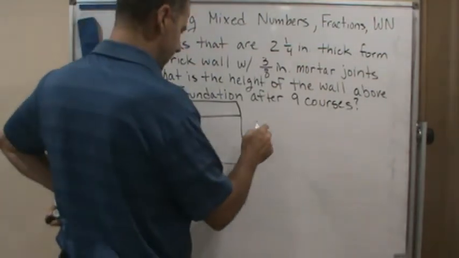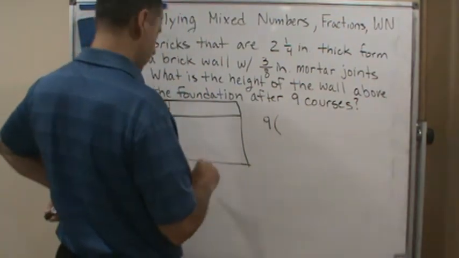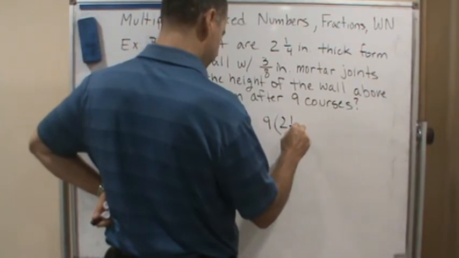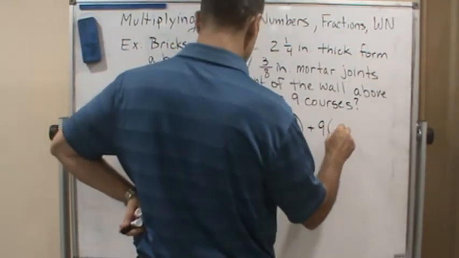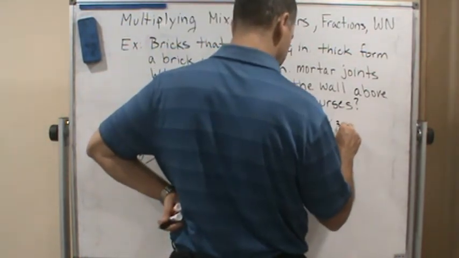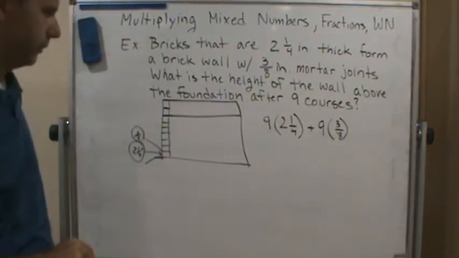So how do we set this up? Well, we've got 9 times 2 1/4 plus 9 times 3/8. Okay.